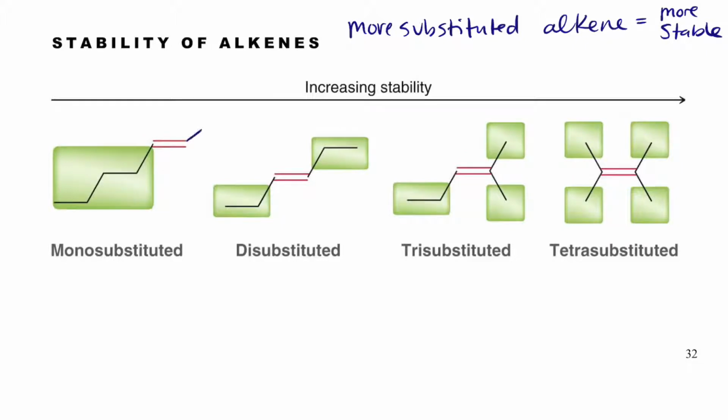If we are talking about R groups, or just groups that are not hydrogen coming off of our alkene, mono-substituted would have 1 group, di-substituted would have 2 groups, tri-substituted would have 3 groups, and tetra-substituted would have 4 groups, and that's the max that you could have coming off of a double bond.